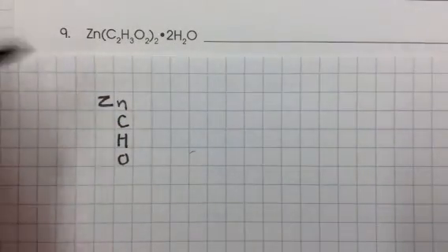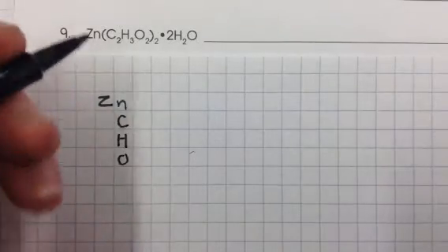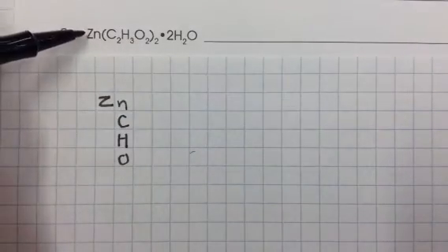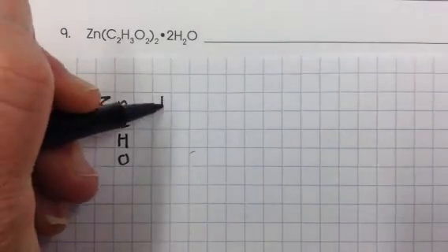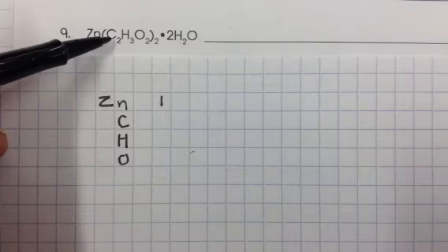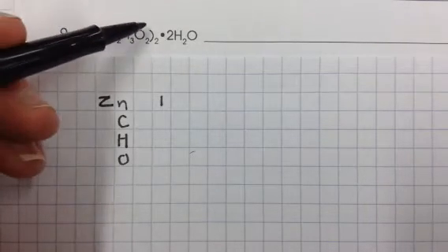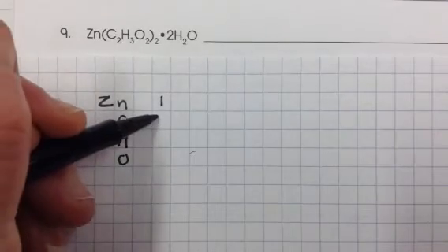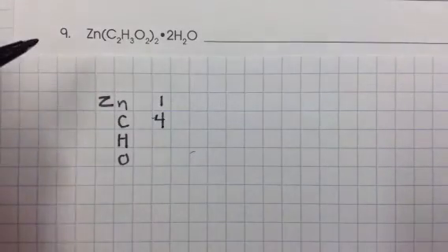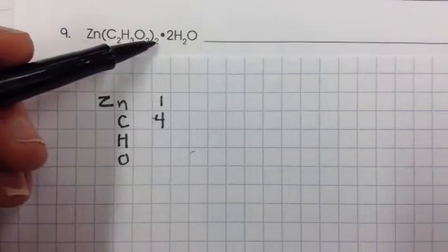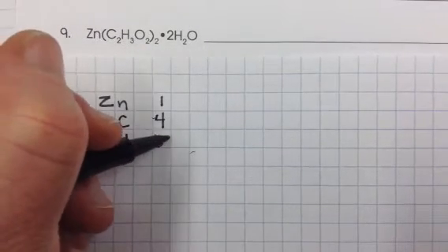So next thing we need to do is list how many of each element there are, how many atoms of each element. Well, the zinc is pretty easy. There's 1 of them. The carbon is kind of easy. It's C2, but the acetate polyatomic ion, there's 2 of them, so 2 times 2 is 4. Now, hydrogen, we have to be careful. 3 times 2 is 6. I'm going to write the 6.